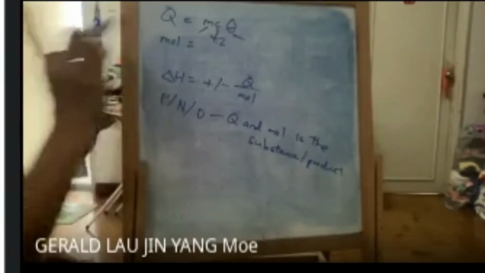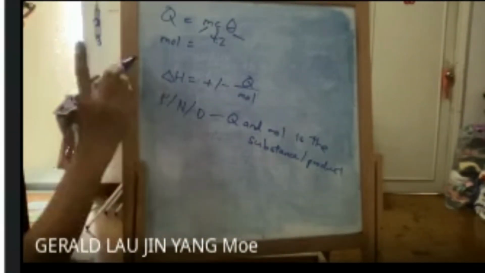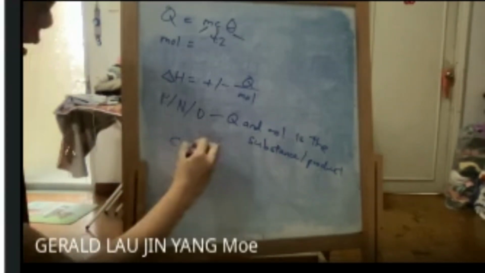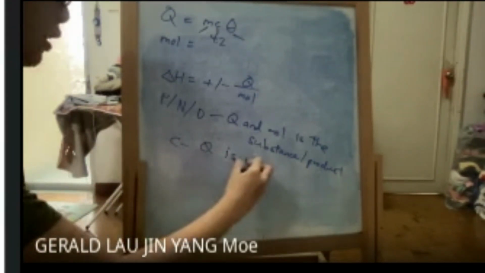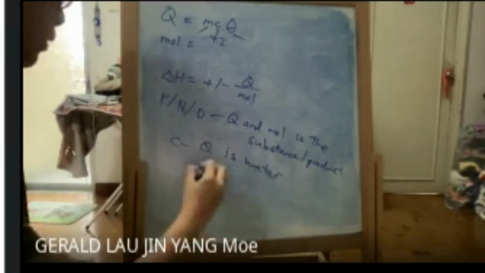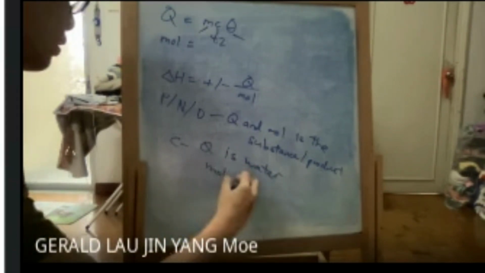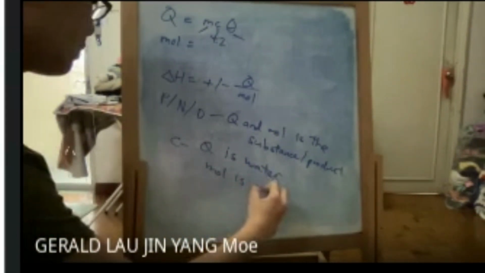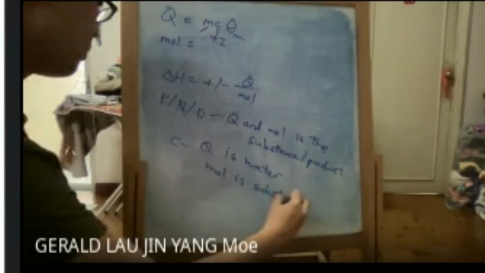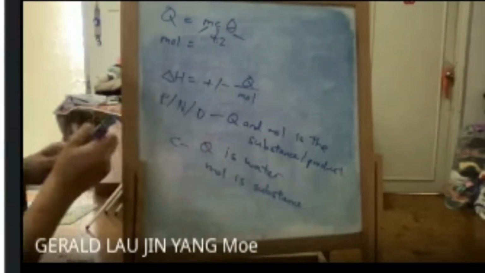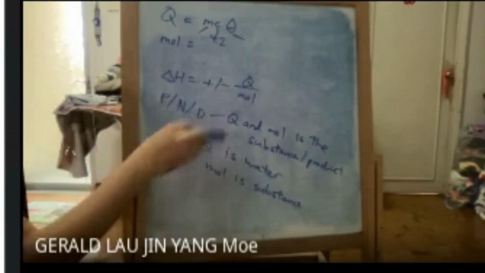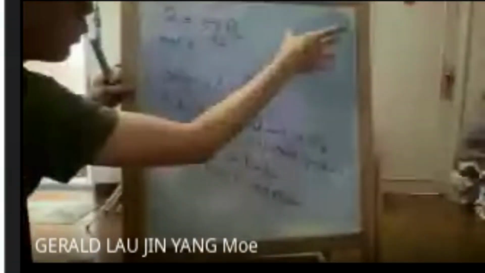Okay, but combustion is a bit different. Q is water, mole is substance. Okay, what do I mean? Let's say I give you a chemical equation.